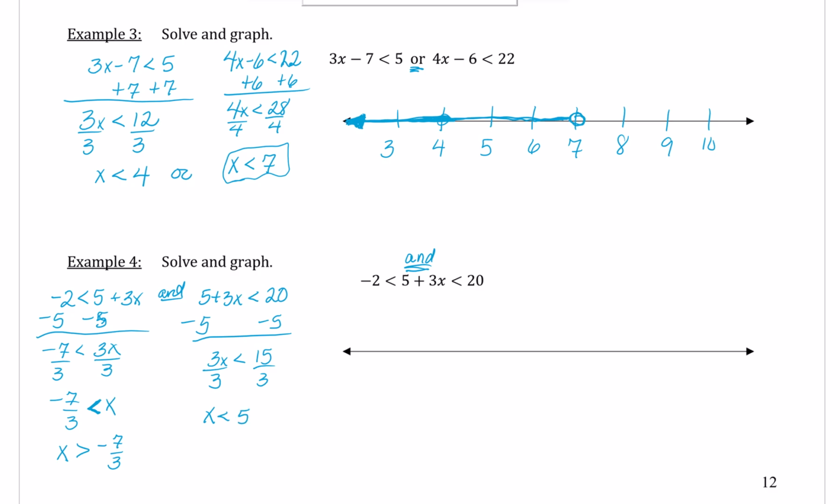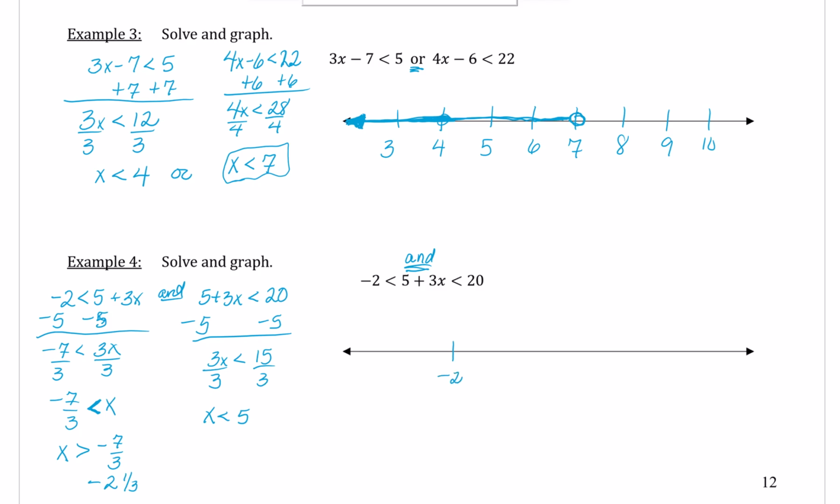So my numbers are those that are greater than -7/3 and less than 5. So -7/3 is like -2 1/3. So it's almost just a little past the -2.